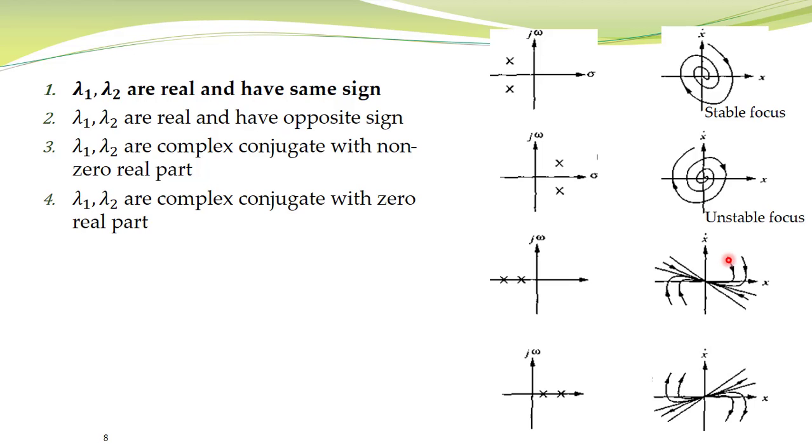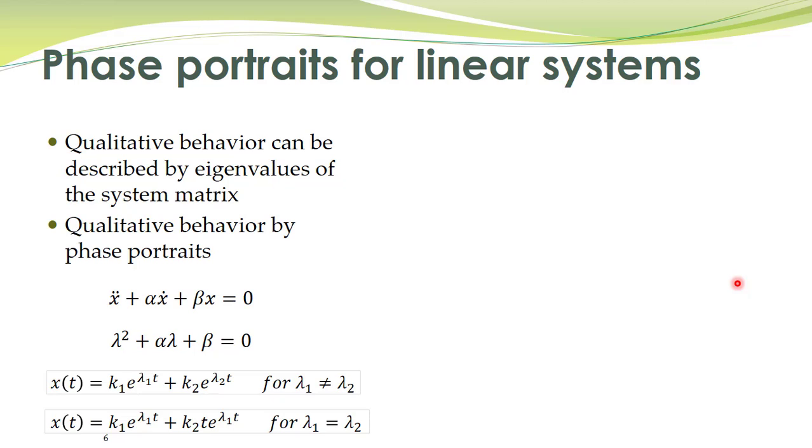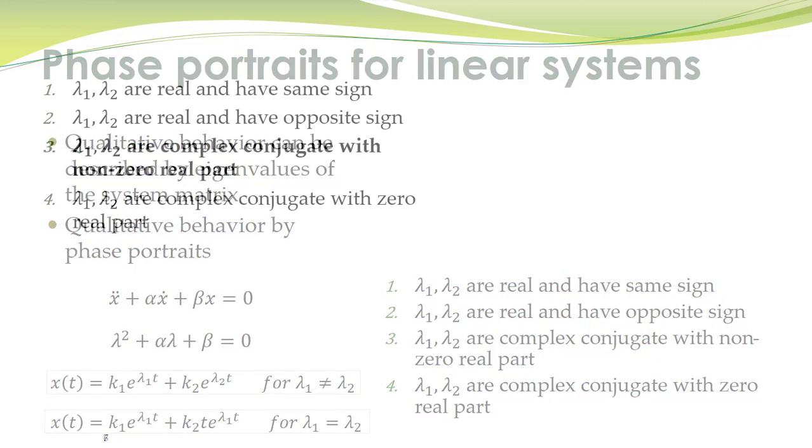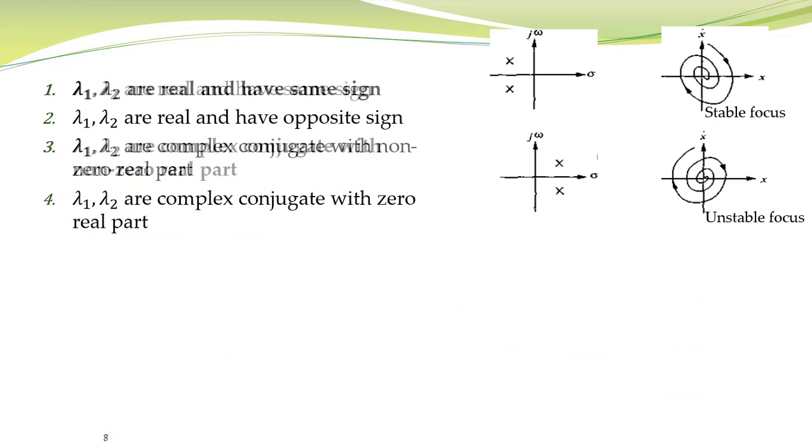The plot will look like this one. There is no oscillations. For example, if we talk about x, so what happens to the magnitude of x? There is no oscillations as we have seen over here, this situation or this situation. So in the magnitude of x, there are no oscillations, and that is also shown in this graph.